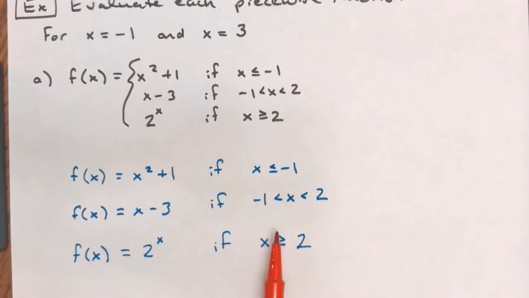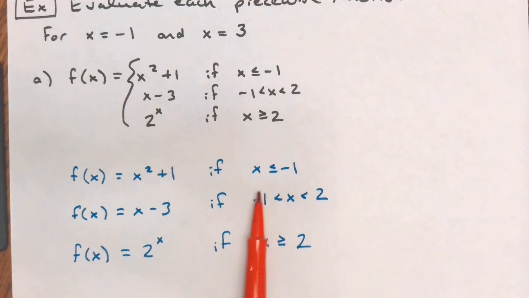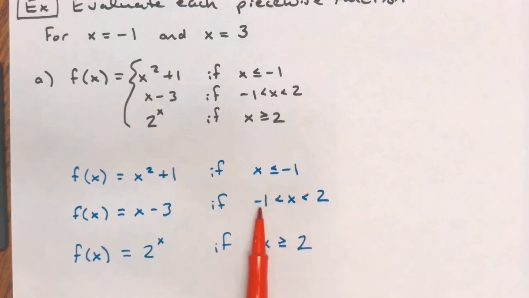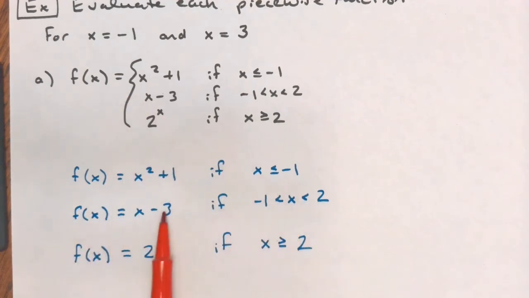If you look at the other 2 equations, if you plug negative 1 in here, that's an untrue statement. This is all of the values between negative 1 and 2, but not including those end values. And we're plugging in negative 1. So that does not fit this inequality, so we're not going to plug it into this middle equation. Also, if you try negative 1 into this inequality, that's also a false statement.